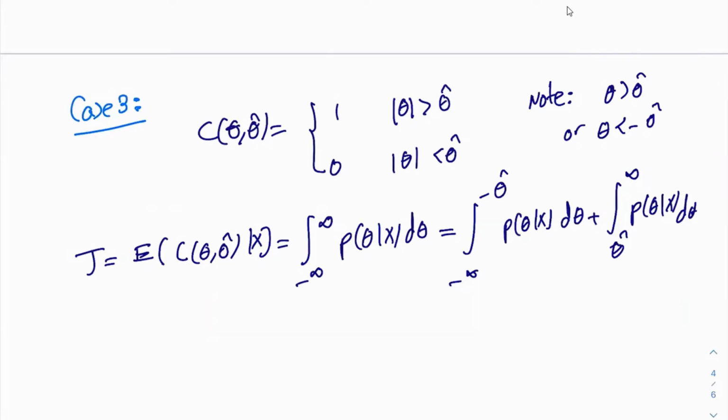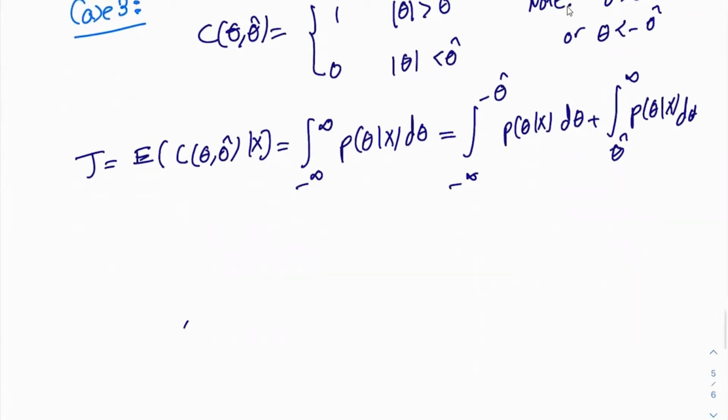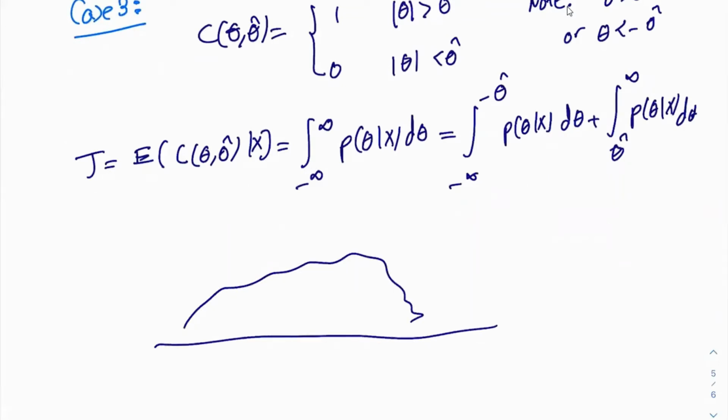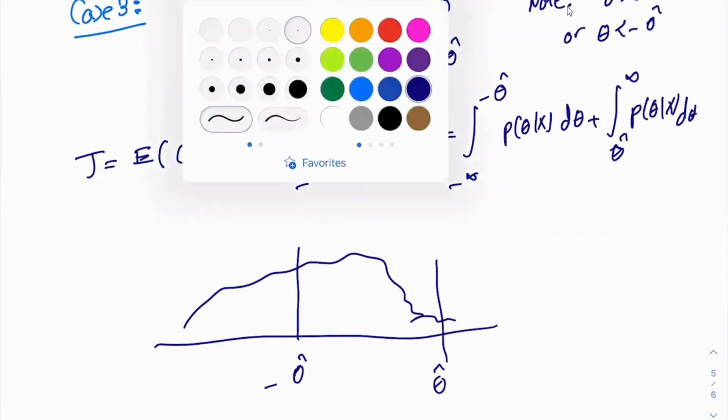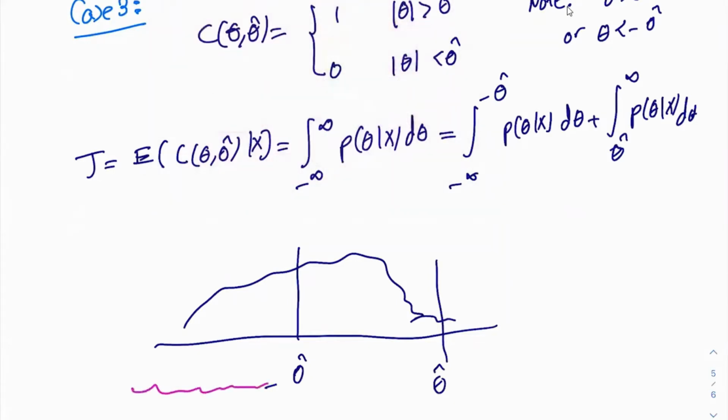Let's have a diagram for ourselves. This is negative theta hat, and this is theta hat. From negative infinity to negative theta hat is what we have here, and from theta hat to positive infinity is what we have here. So we expand these two areas.